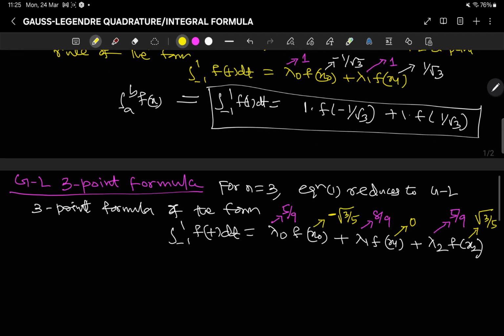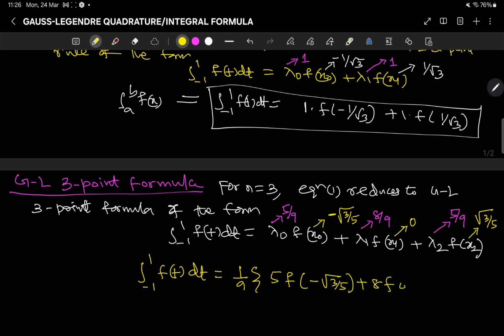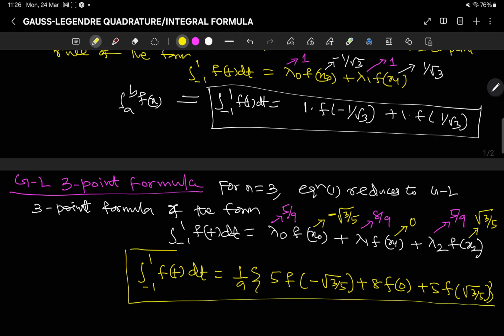Consequently, the formula will be integral minus 1 to 1 f(t) dt is equal to 1 by 9 taken common, 5 f of minus root over 3 by 5 plus 8 f of 0 plus 5 f of root over 3 by 5. Okay. So this is the necessary formula for Gauss Legendre 3-point rule.